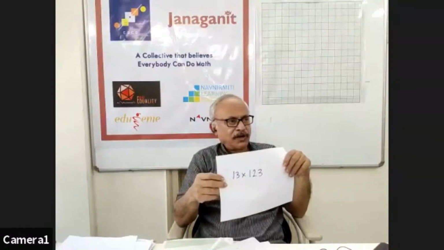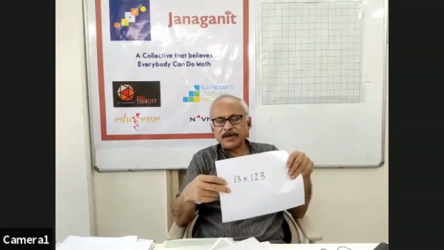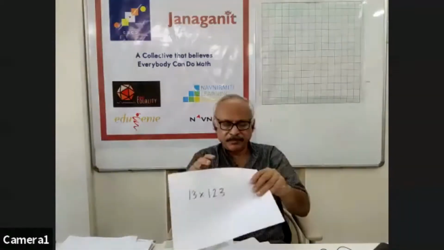So now can you draw a diagram showing 13 into 123? Can you draw a rectangle showing that? I have also drawn it here, but I will show that to you later. Let us see what Nandita has done.